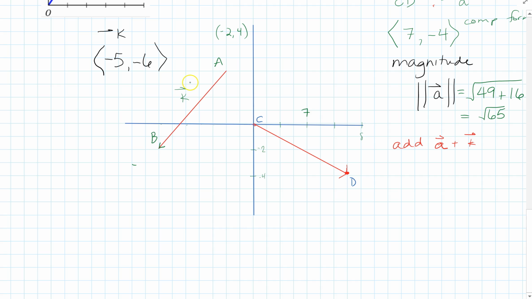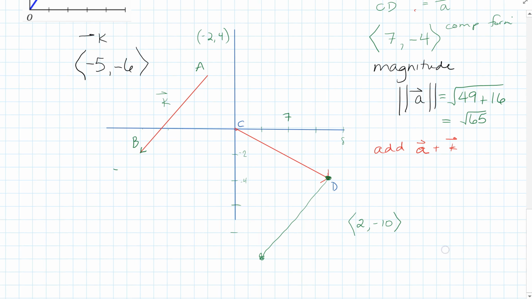But K, remember, from this point goes back 5 horizontally and down 6. So it appears this would be my endpoint, which is 2, -10. So here is the total where it comes out if I were to add A to K.